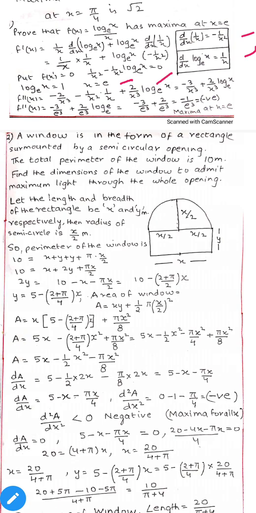Log x is left. Now on solving we get minus 2 upon x cube minus 1 upon x cube as minus 3 upon x cube plus 2 upon x cube log x. f''(x) is equal to minus 3 upon x cube plus 2 upon x cube log x.